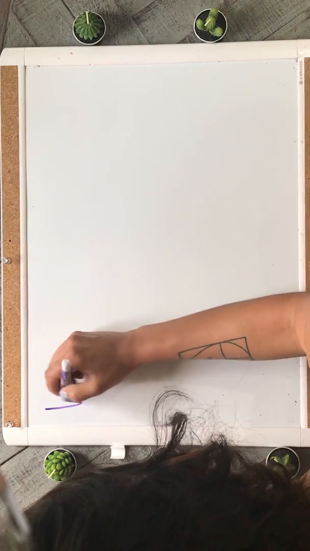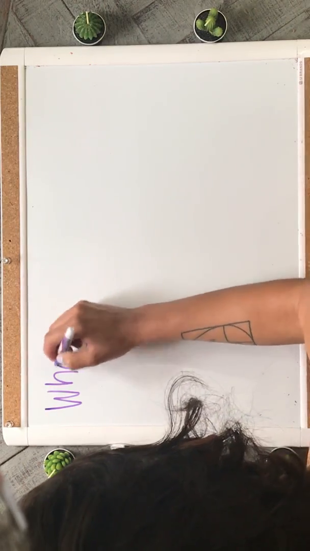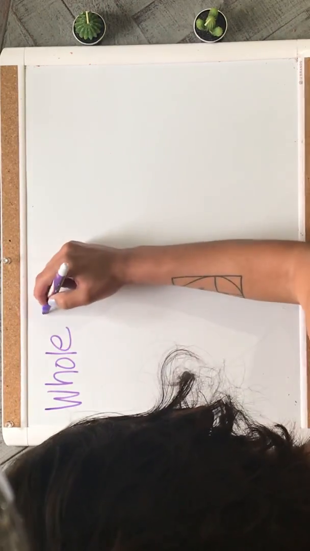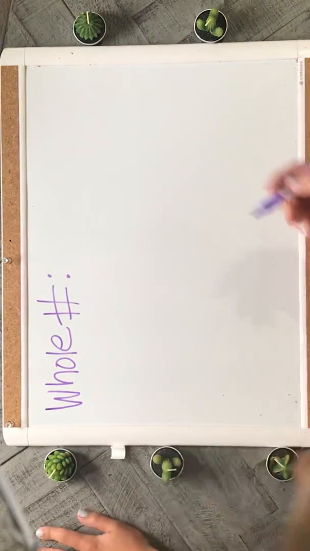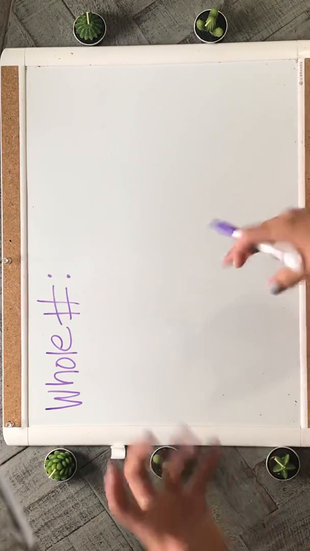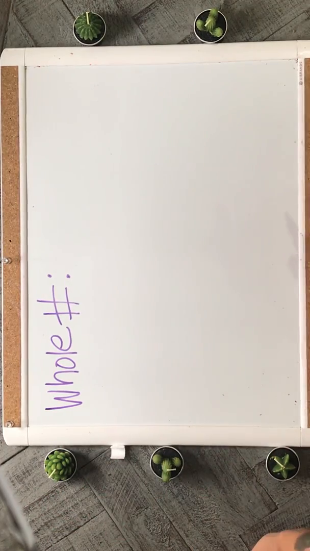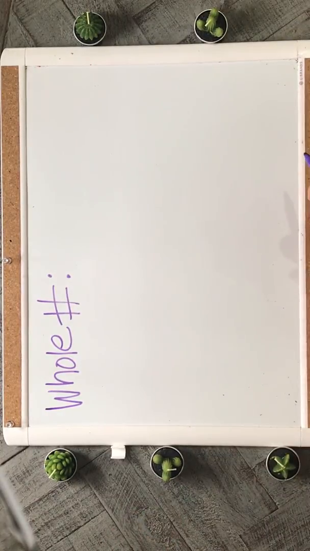So let's start with the whole number. Okay, I'm not going to give definitions for these. I'm going to kind of talk about what they are, but give examples. So a whole number would just be a real number without a fractional piece attached to it, or without a fraction behind it, is how I like to put it.